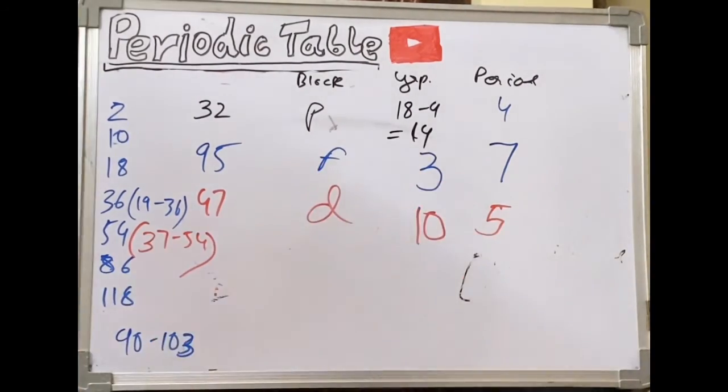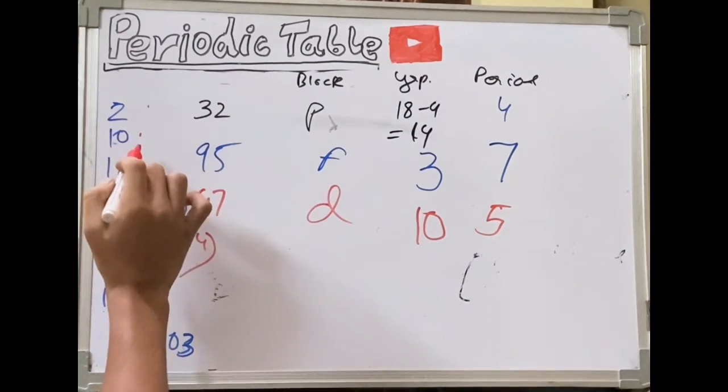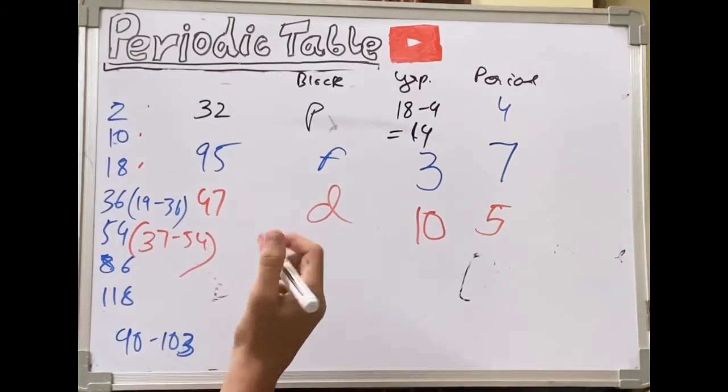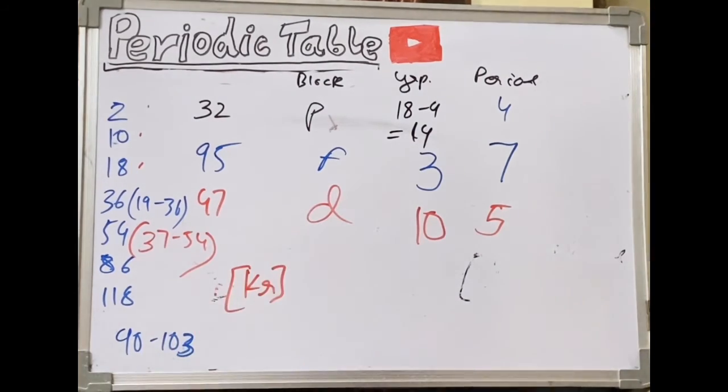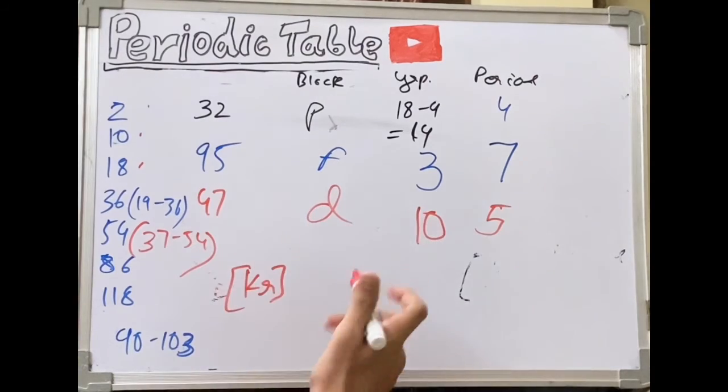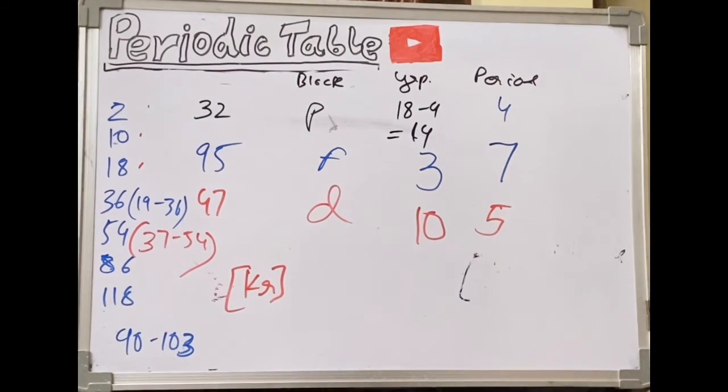And can someone tell me what will be the electronic configuration of it? So can we say here there is helium, neon, argon, krypton. So the electronic configuration over here will start with krypton, which is 36.